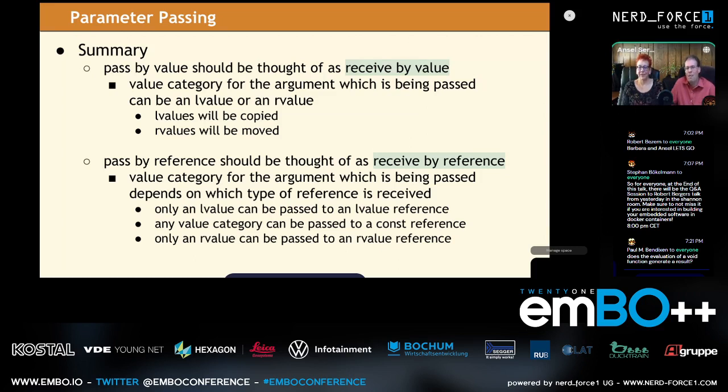And if you're receiving by R value reference, the thing you're receiving must have been an R value. And this is an important point to keep in mind when you're designing an API. What value categories do I want to permit the user to pass to me? Because this turns out to be very important for making sure that all the use cases you want to support are valid and the ones you do not want to support are disallowed at compile time.